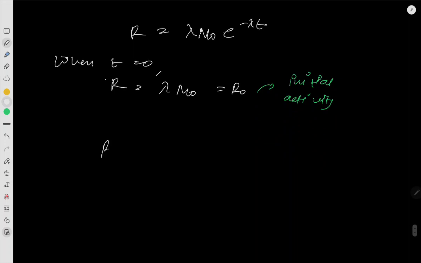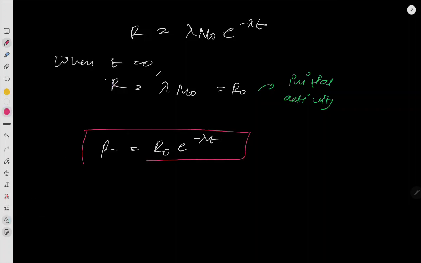So R equals R naught e to the power minus lambda t. This formula is just like the previous formula.